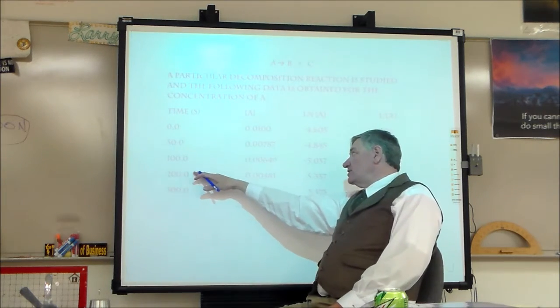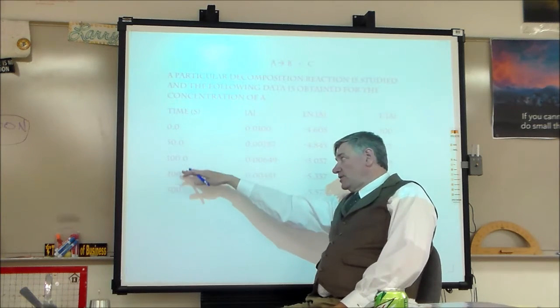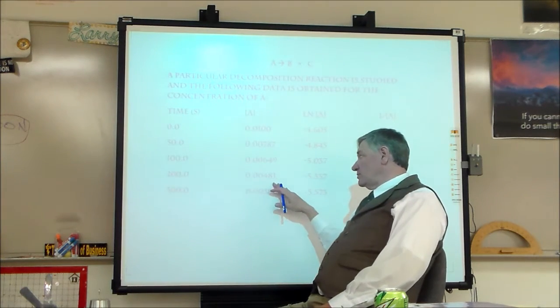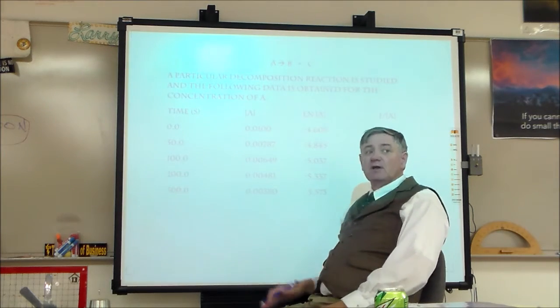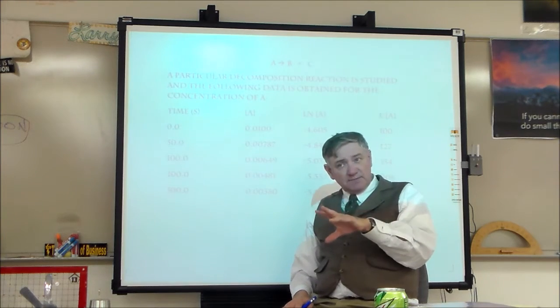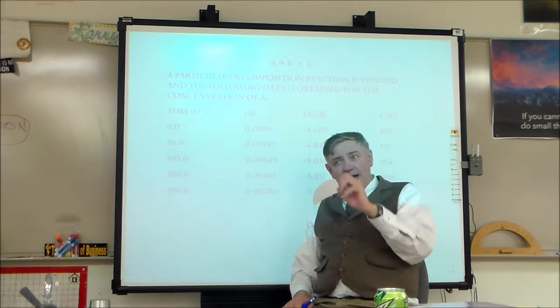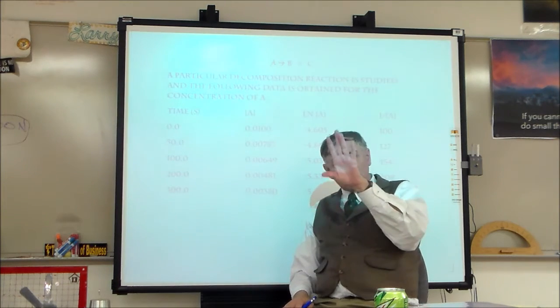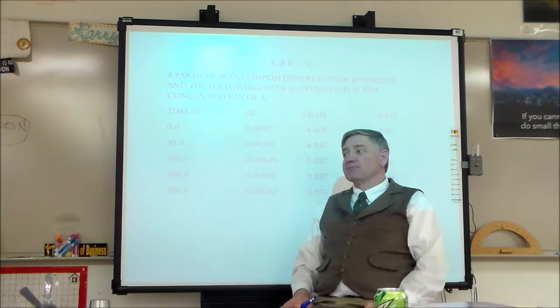Another 50 seconds later, we're down to 0.00649. Another 100 seconds later, we're down to 0.00481. Another 100 seconds later, we've dropped to this. All of these are based on starting with a concentration of one of the reactants, and you keep track of that as a function of time.